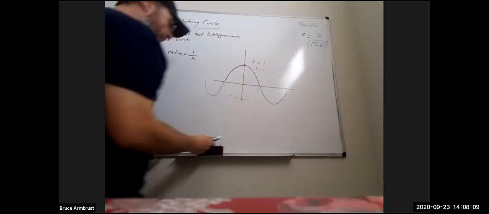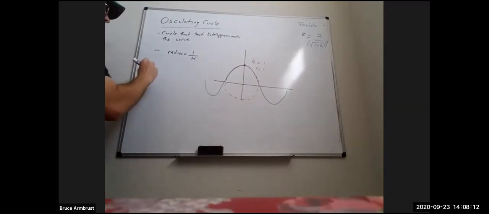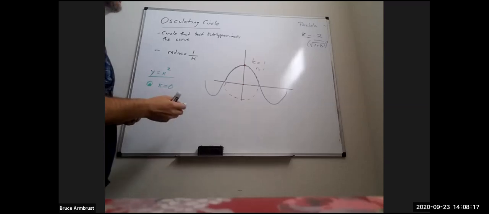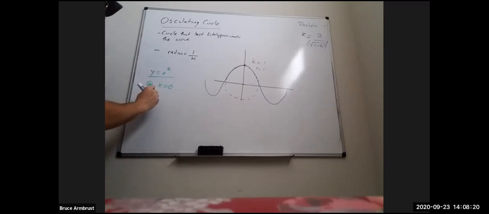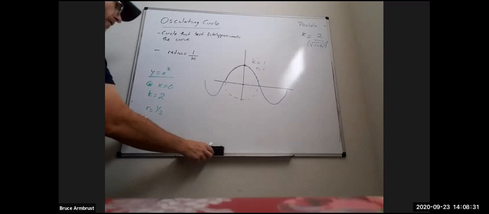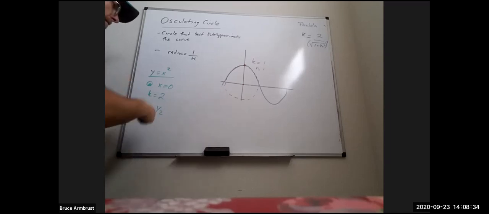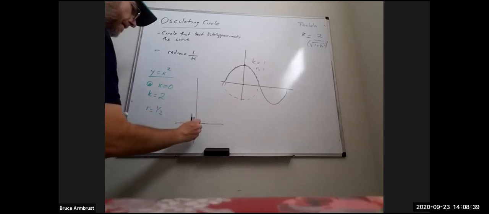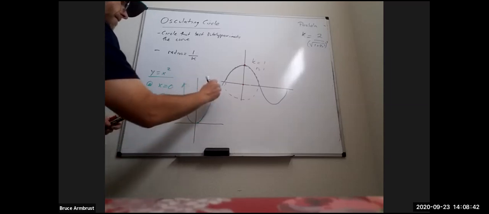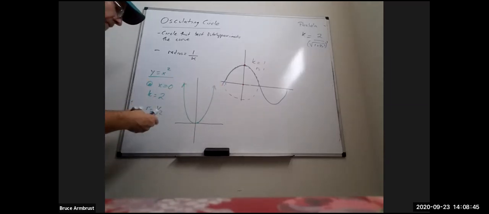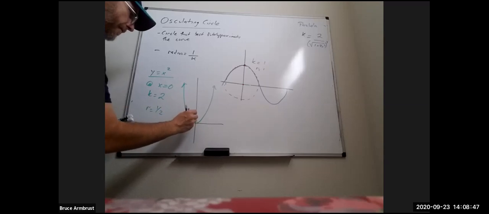Okay, so let's think about the parabola. So we go back to the y equals x squared. So at x equals 0, we saw that the curvature was equal to 2. So that means that the radius of the circle of best fit is 1/2. So if we were to draw that one, when we're at the vertex, so here's our parabola, that best fit circle is going to have a radius of 1/2.